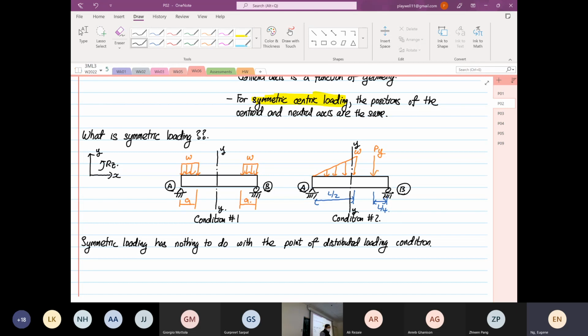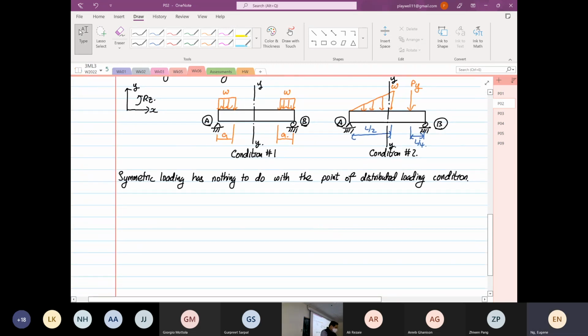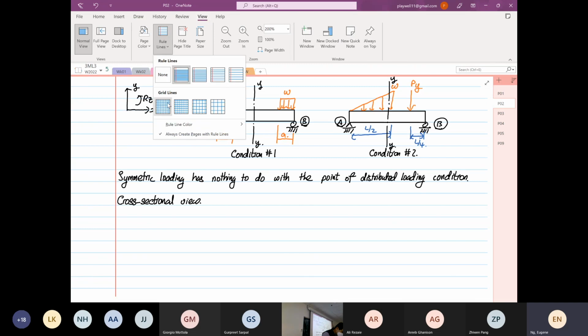The next thing we're going to do is look at the cross-sectional view. I'm going to draw three cross-sectional views and sketch the best I can.